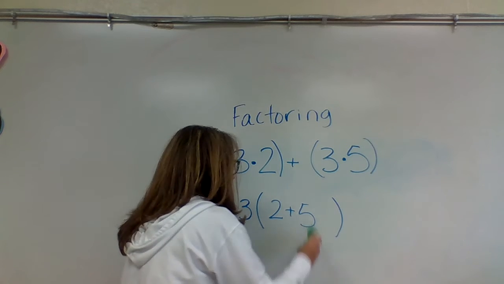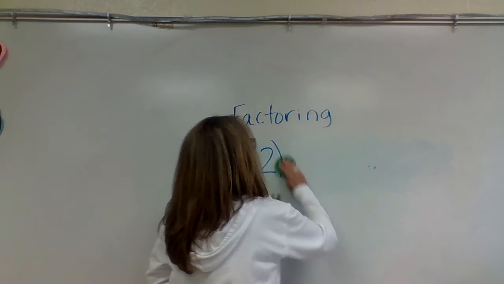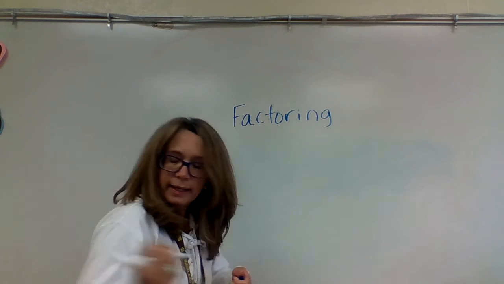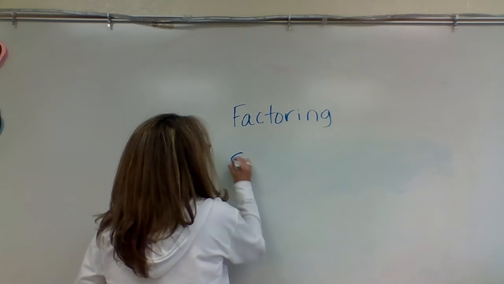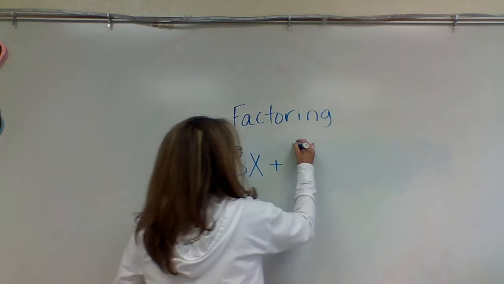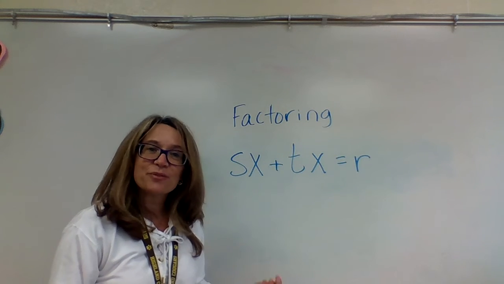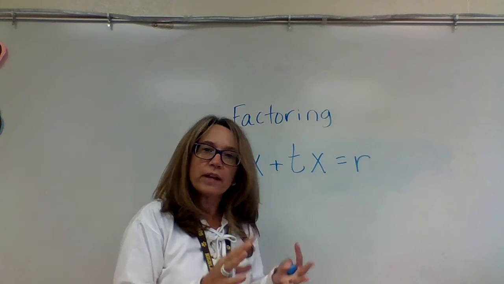So let me show you an example that comes from your textbook before I let you go. Okay. And let me write it down for you. s x plus t x equals r. Now that looks really strange, but you've already learned about isolating variables and all that sort of thing.